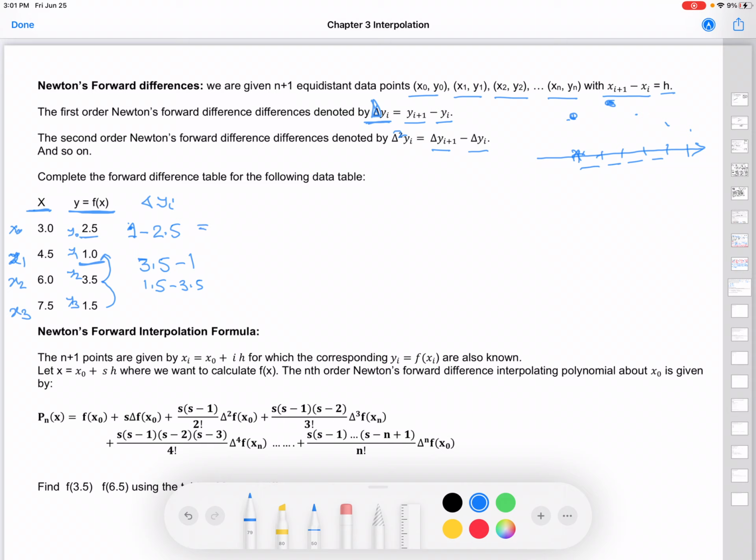So what are these values? 1 minus 2.5 is negative 1.5. 3.5 minus 1 is 2.5. 1.5 minus 3.5 is equal to negative 2, right? Okay, now we are calculating the second order difference, which is the difference of the first order differences.